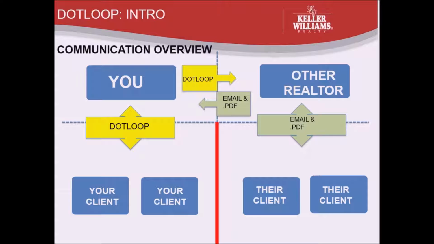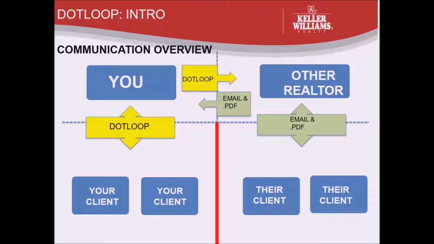The seller's representative will send it to them himself. He can invite them in, and he will tell them whether to sign it or to change it, and then he can send it back to you. If you're working directly in .loop, it will come straight back to you.